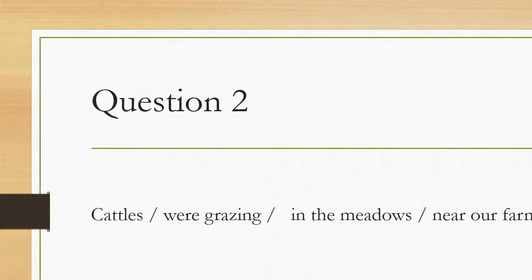To understand that, you have to know that this is a collective noun. It's called a collective, and it represents a group. For example, class: class means there are a lot of students in the class. That's how it is.